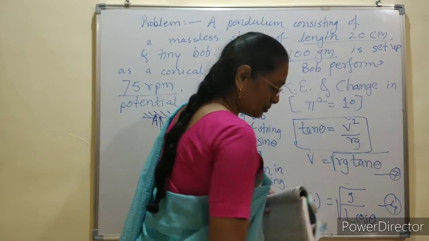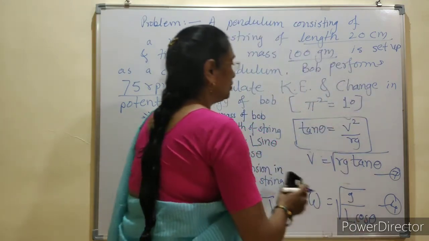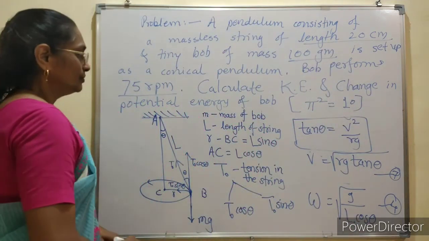If we have to use pi square, then we have to use the value 10. So this is the problem.